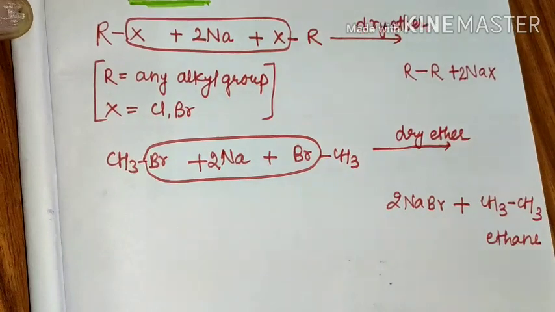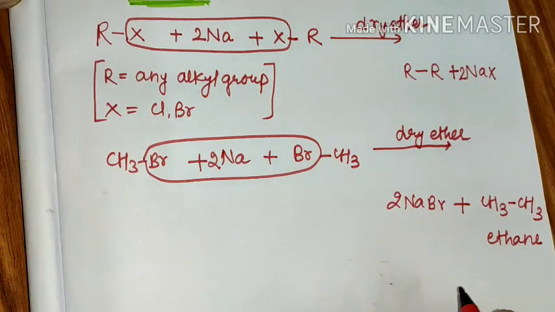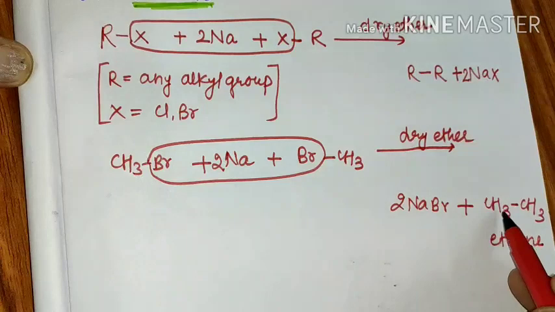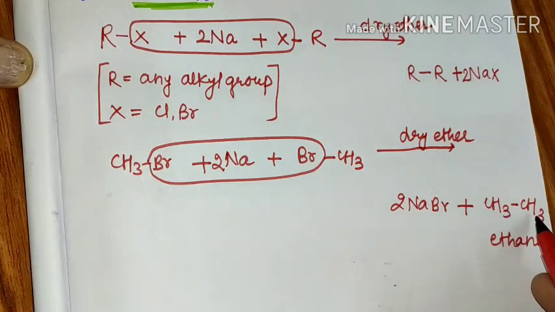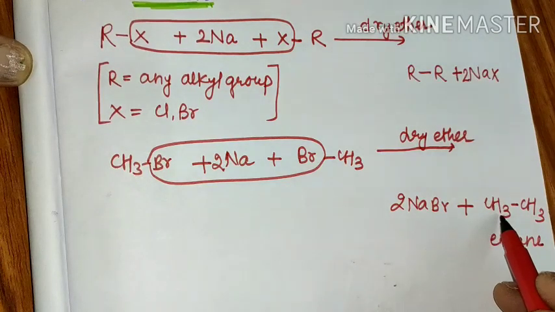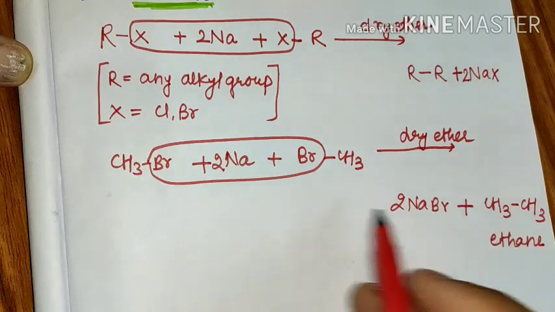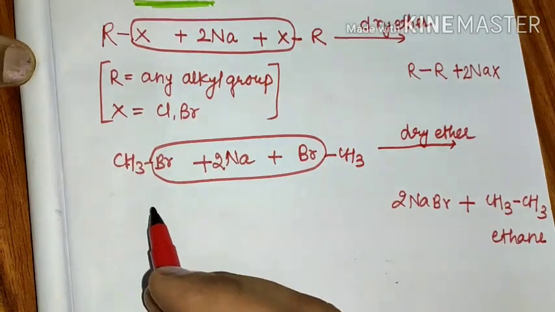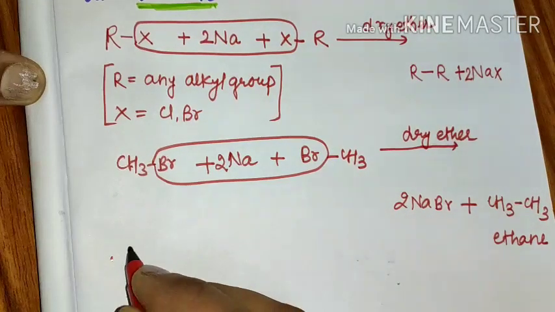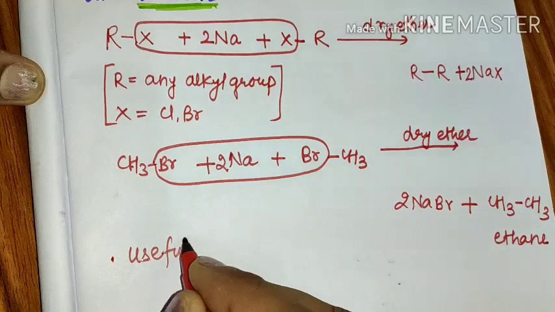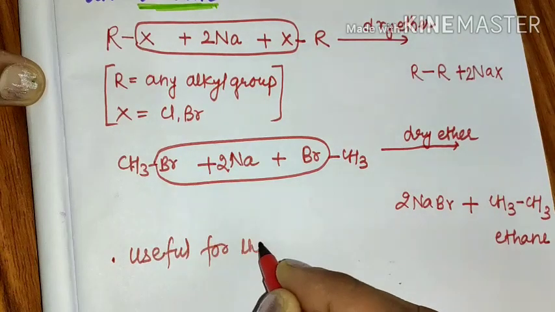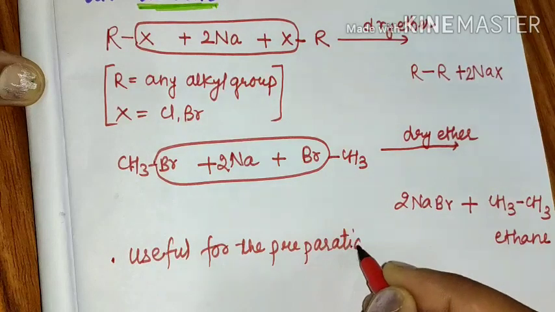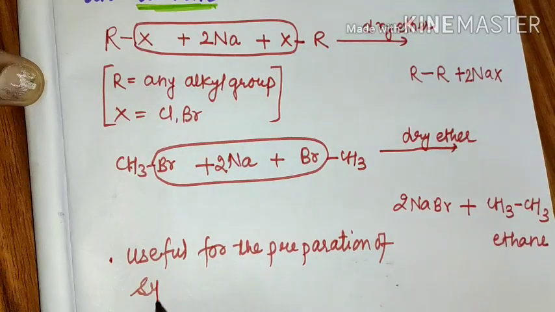So Wurtz reaction is useful for the preparation of symmetrical alkanes. In this case, the alkane which is formed here contains double the number of carbon atoms which are contained in the parent alkyl halide. So this reaction is useful for the preparation of symmetrical alkanes.